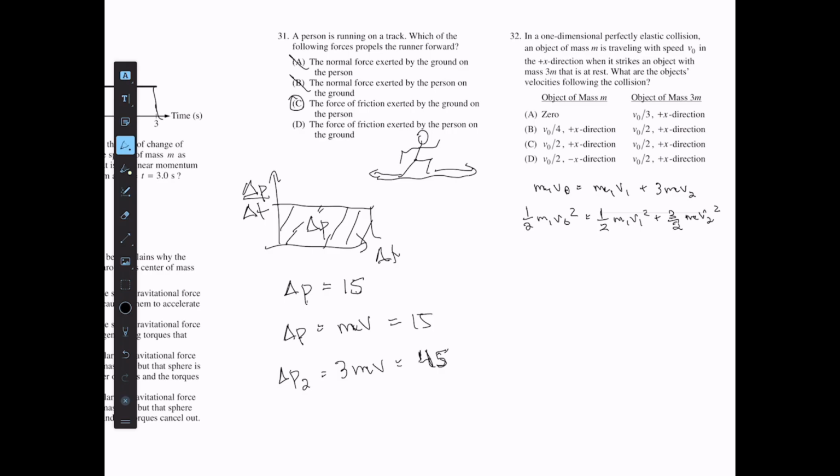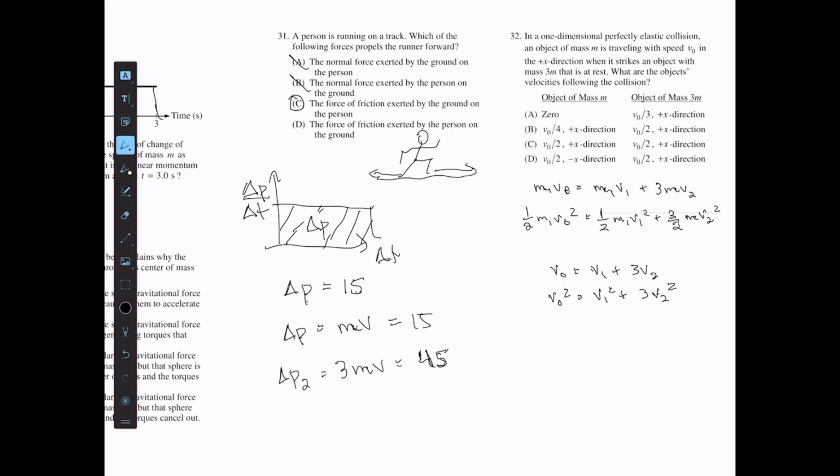So if you cancel out the m's, you get v0 is equal to v1 plus 3v2, and v0 squared is equal to v1 squared plus 3 v2 squared.